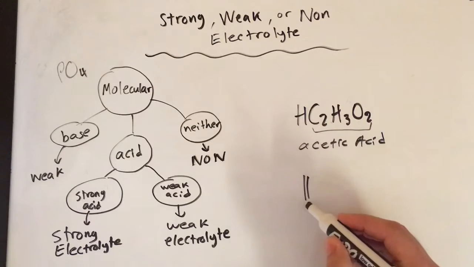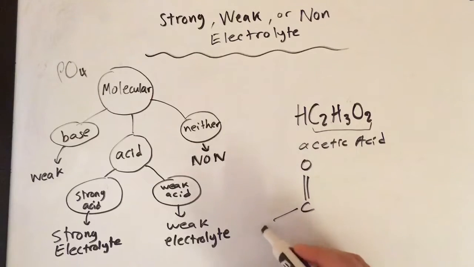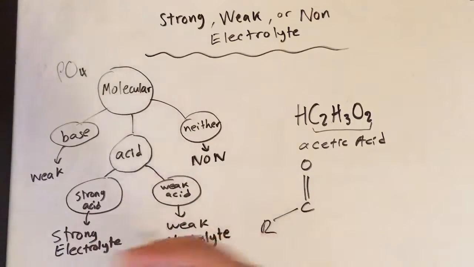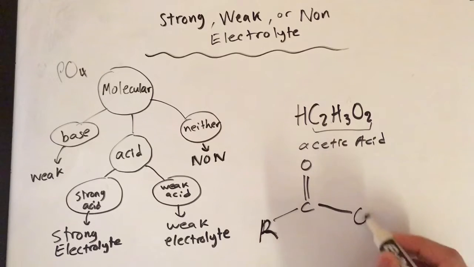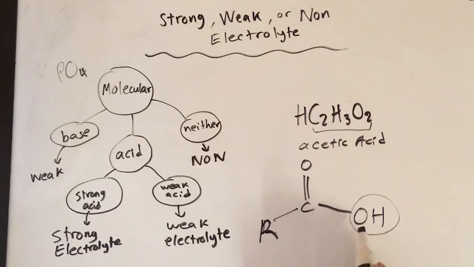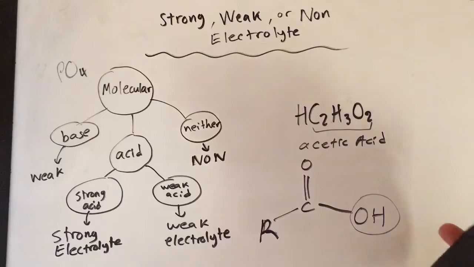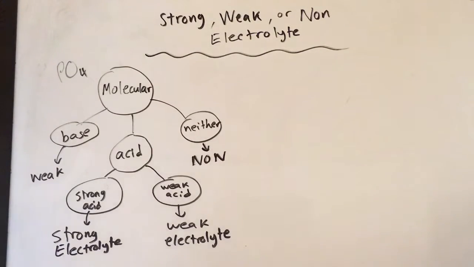You have a C and then an O, and then here it's paired to anything of part of another compound, and then you have the OH. So this OH indicates it's a carboxylic acid, and if it happens to be any carboxylic acid, obviously it's not one of those 10 strong acids, so therefore it would be a weak acid. And then ultimately that would lead you to determining that it's a weak electrolyte.